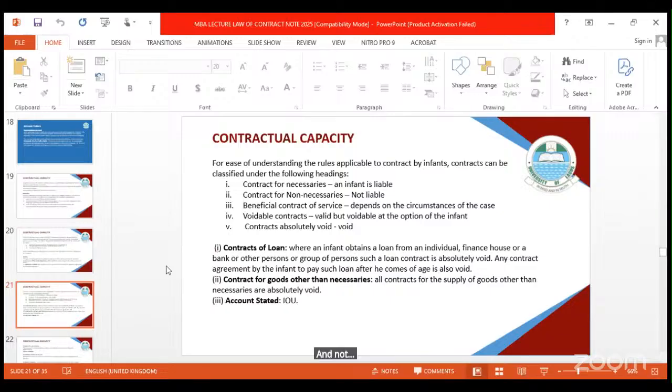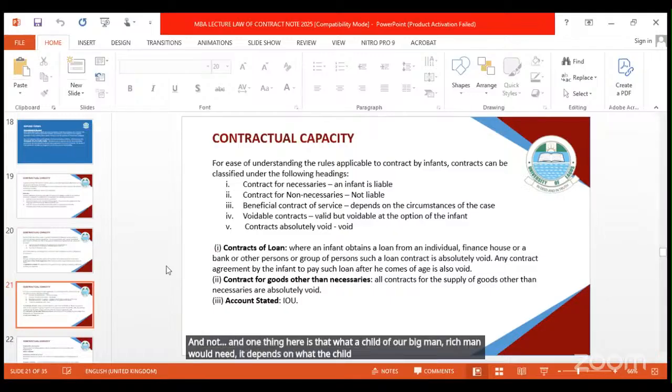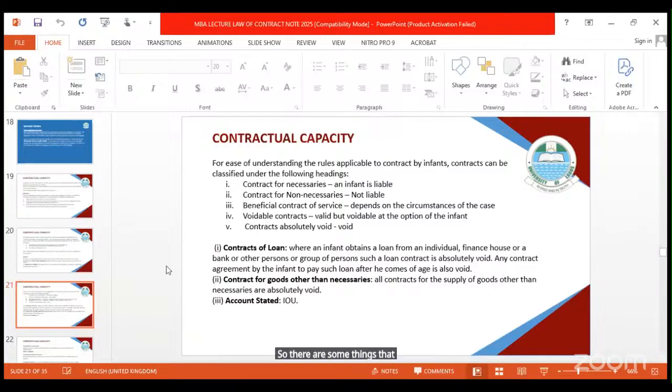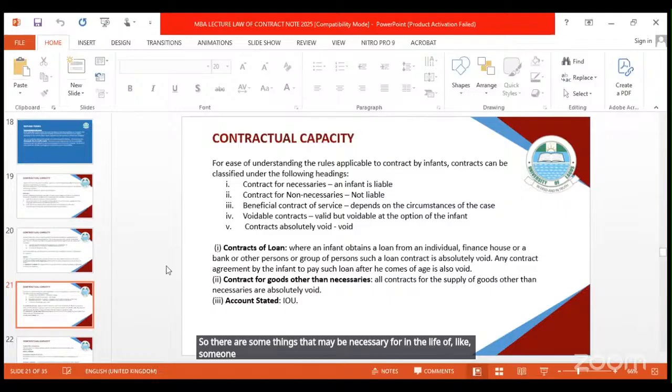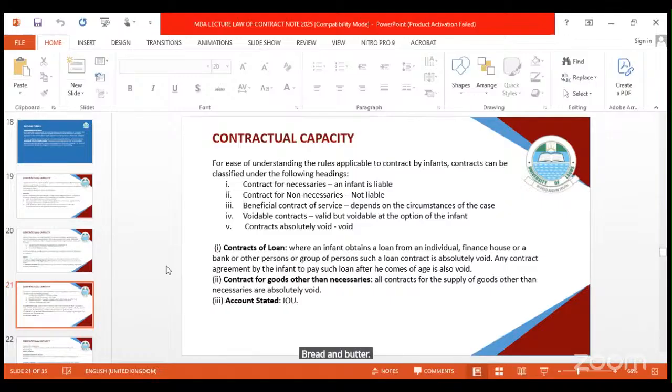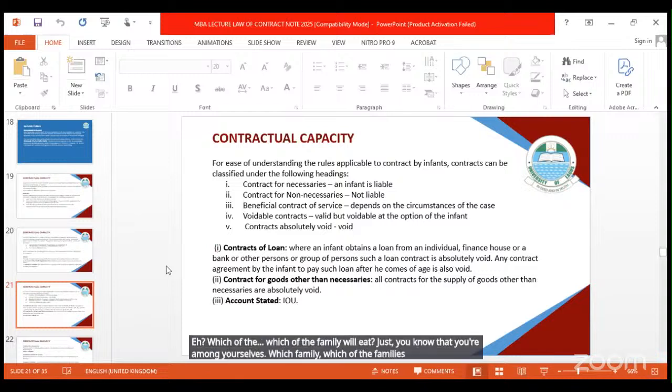And one thing here is that what the child of a big man, a rich man, would need is different from what the child of a poor person needs. That is just the truth. So there are some things that may be necessary in the life of a child. Take a demonstration in a case of bread and butter, or bread, butter and egg. Which of the families among yourselves are likely to afford bread, butter, and egg?